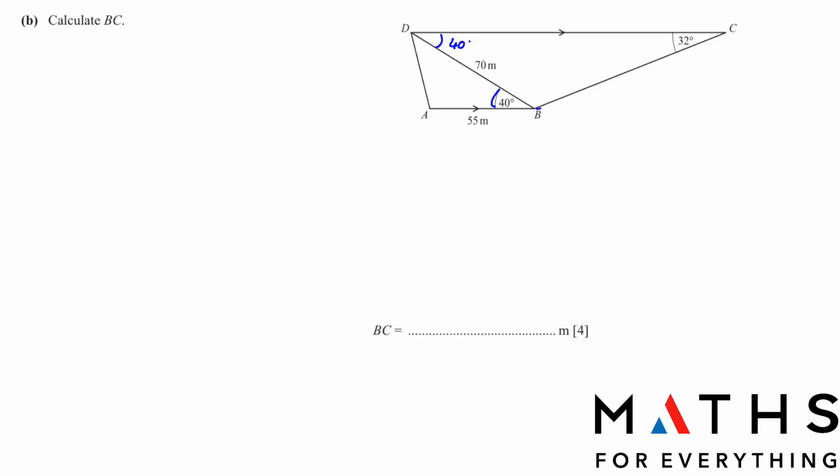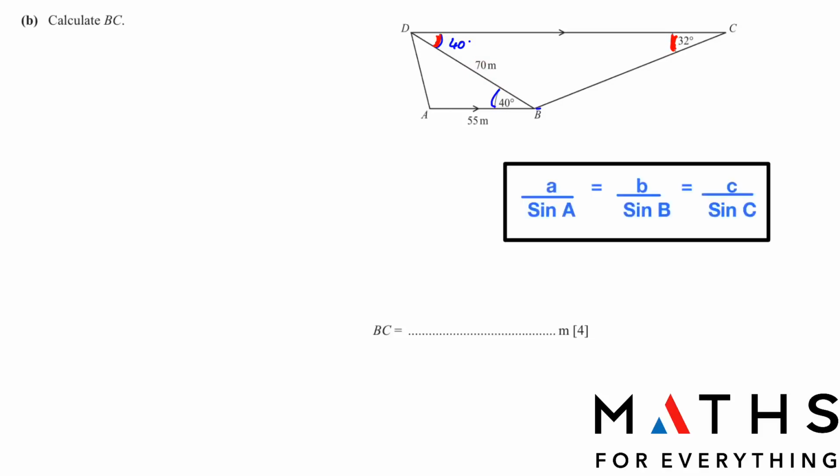Now we have two angles and we have to find one side. One side is given and you have to find the second side, and the two opposite angles are given. We use the sine rule. This is the sine rule, side over the opposite angle. So you want to find BC, write BC over the opposite angle, which is sine 40. And this is equal to BD over the opposite angle.